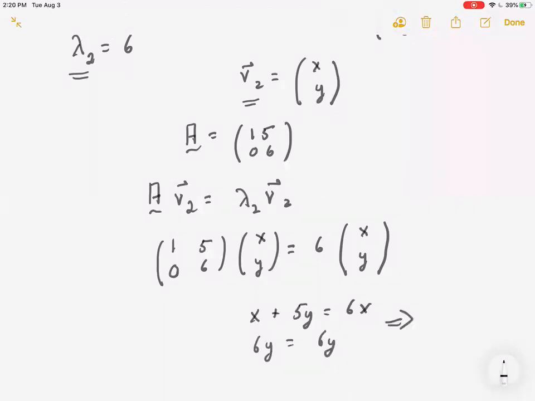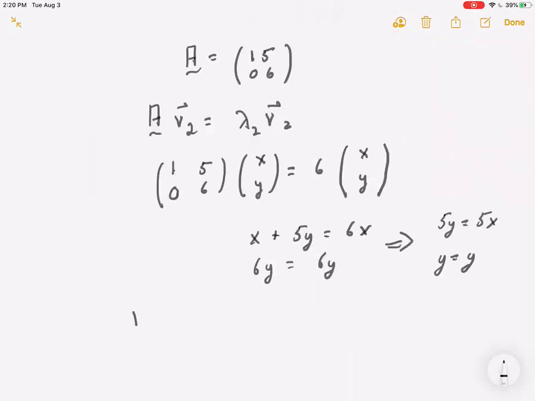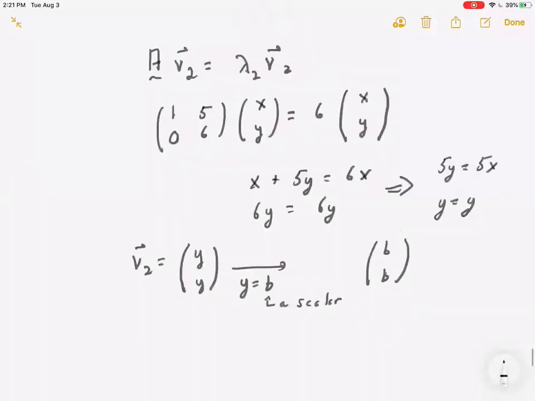And so what this is saying is that 5y equals 5x and y equals y. So v sub 2, my second eigenvector, is simply y, but I'm going to let y be a constant b. It's arbitrary. So my eigenvector v sub 2 is going to look like that.